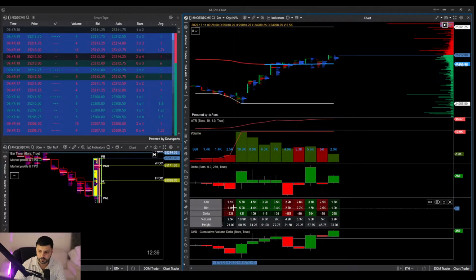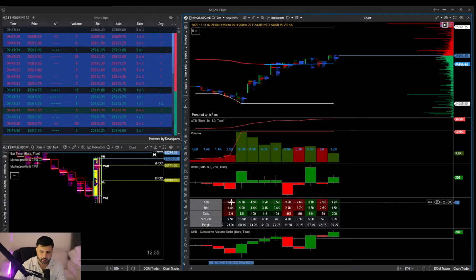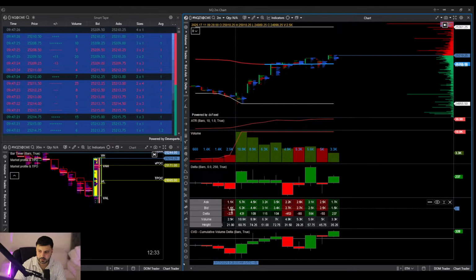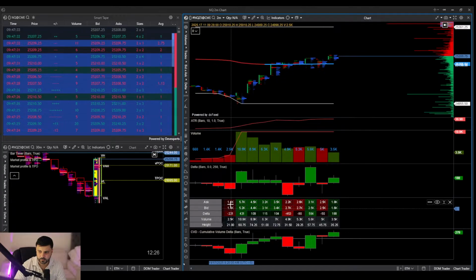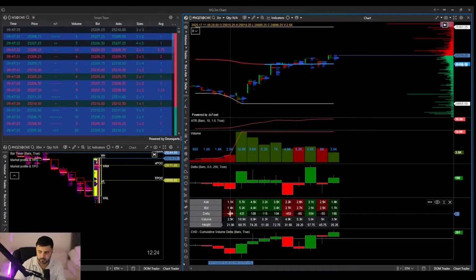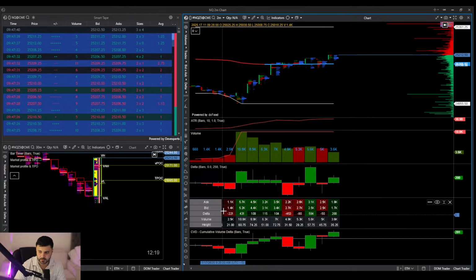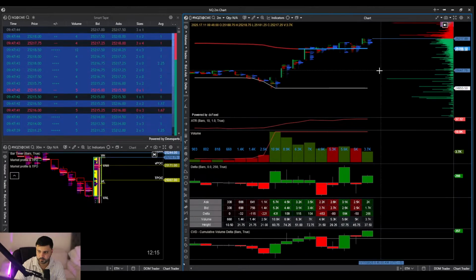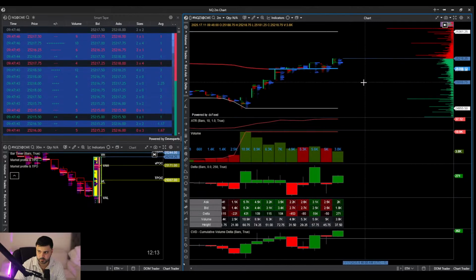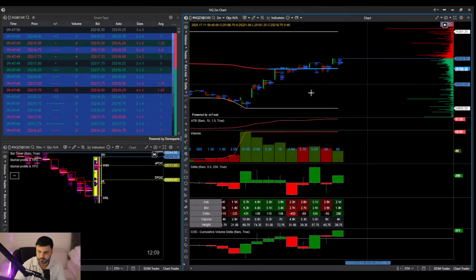Okay, so you can see 1.1k in asks, 1.4k in bids. This is rounded off to the nearest 100, okay. The difference is 221, so there were 221 more aggressive shorts in this candle than longs. That's basically what delta is, the difference between the amount of asks and bids.